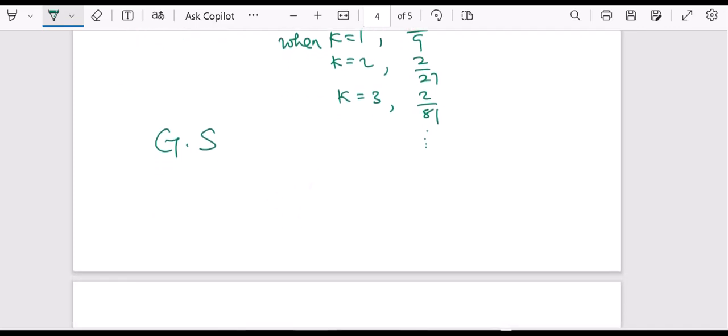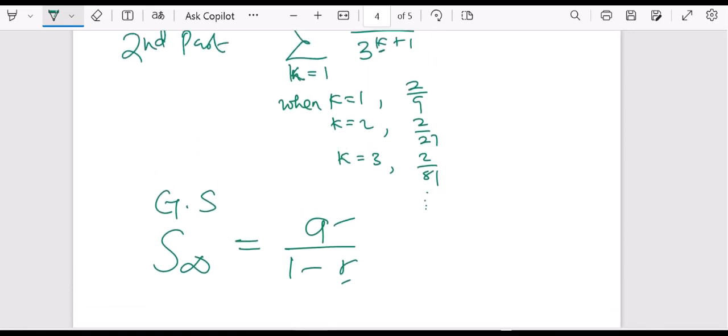We know that the sum to infinity of a GP is a over 1 minus r, where a is the first term and r is the common ratio. Now what is the first term? We have 2 over 9, 2 over 27, 2 over 81, so the first term is 2 over 9.